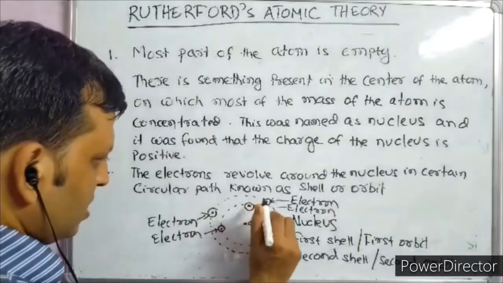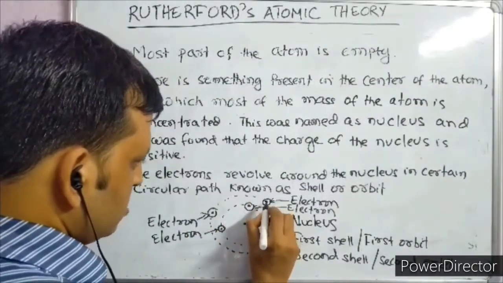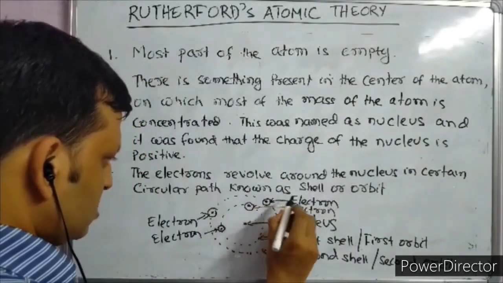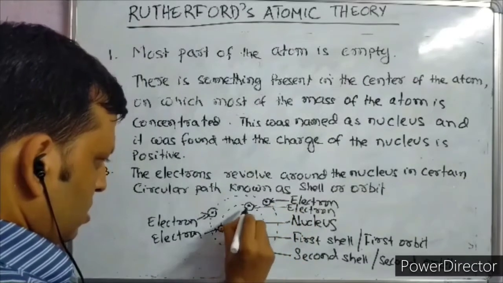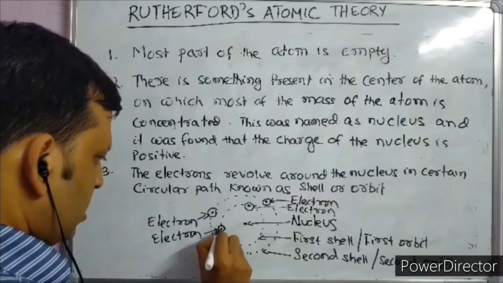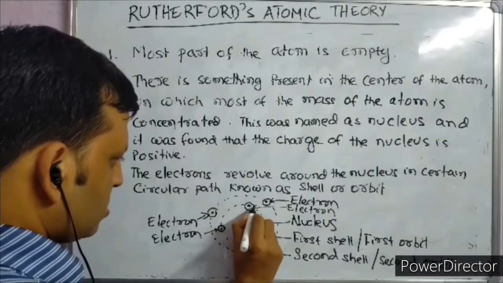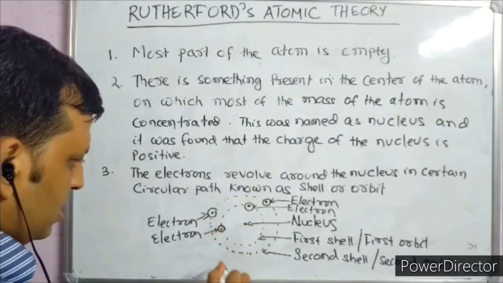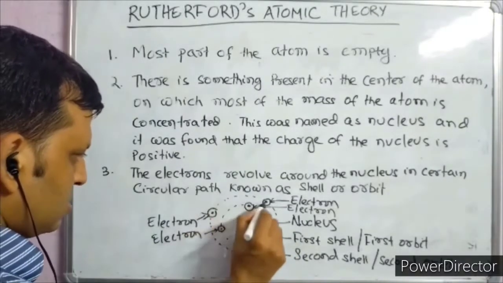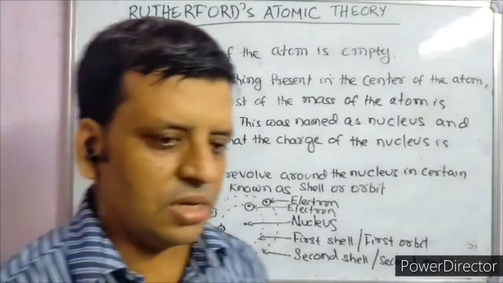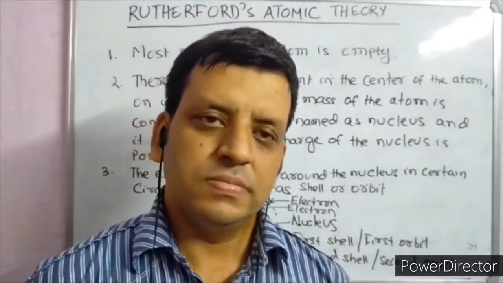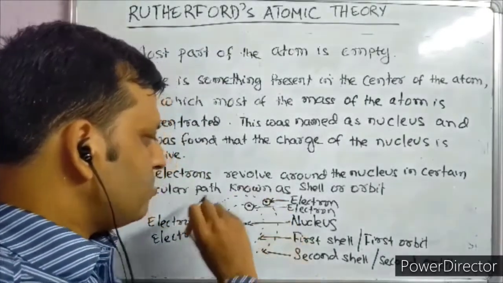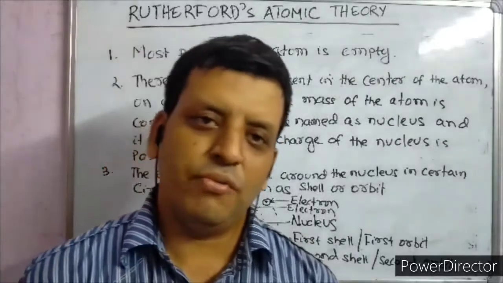And here you can see the electrons which have been circled over here. This is one electron, this is another electron, this is one electron, this is another electron. So these 2 electrons are part of the first shell, these 2 electrons are part of the second shell. So you can see that the electrons are revolving around the nucleus in a certain path which is circular.